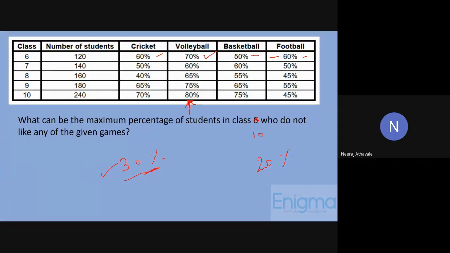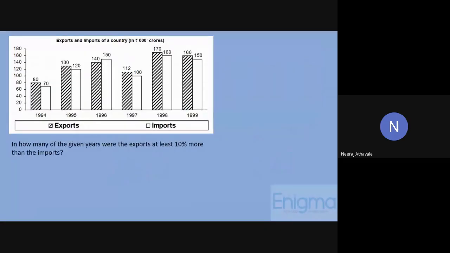Now there is another type of data interpretation as well, which is known as bar graph. Okay, so bar graphs would be something like this thing. Okay, so you will be given, so exports मतलब shaded region है and imports मतलब plain region है.